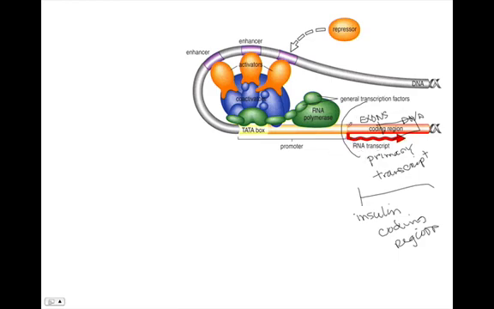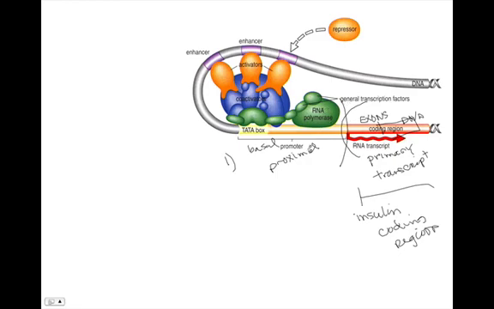So one part of every gene is the transcription unit. The transcription unit is made of DNA. The other part of every gene is called the promoter, and the promoter is composed of two parts: the basal or proximal promoter, and the basal or proximal promoter tells RNA polymerase, this green ball, where to land and start transcription.